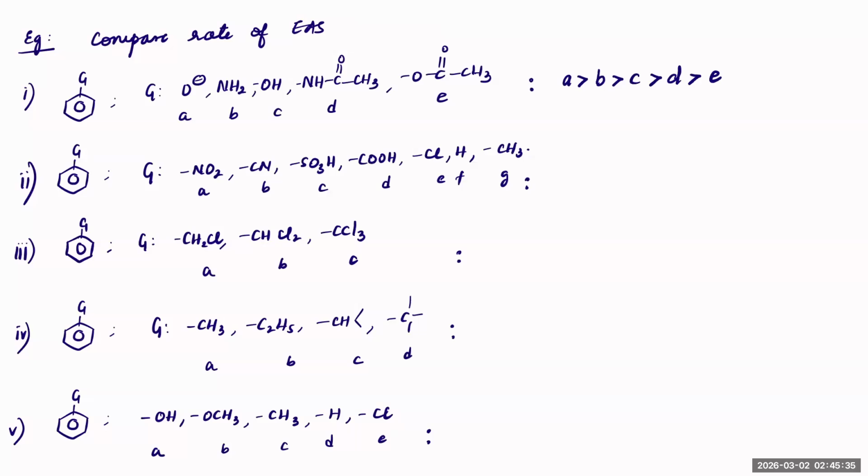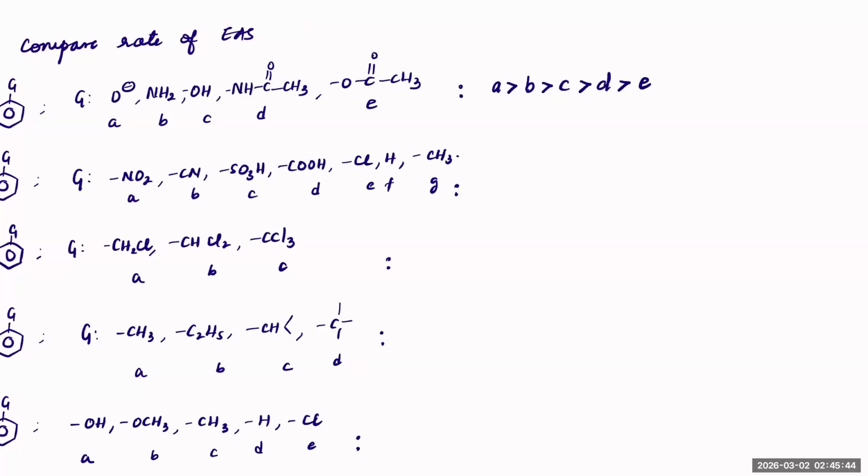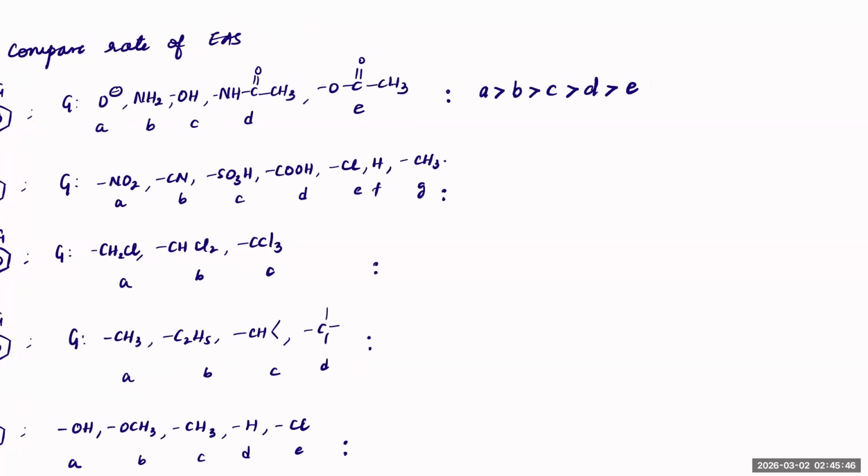You would notice that the first three, in fact, are very strongly donating. The next two are moderately donating. Next comes NO2, which is very strongly withdrawing. Because it is strongly withdrawing, out of all the cases, A will be the least. Then comes B and C. This you got to remember. Between these three, highest is NO2, then cyanide, then SO3H. It comes directly on the basis of electronegativity of the connected atom.